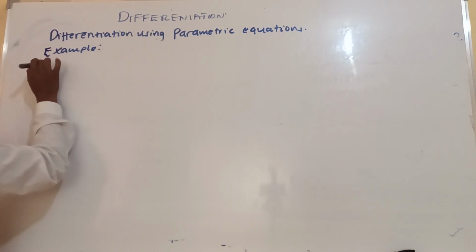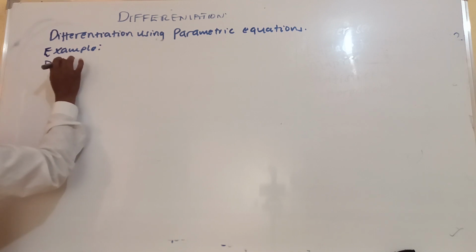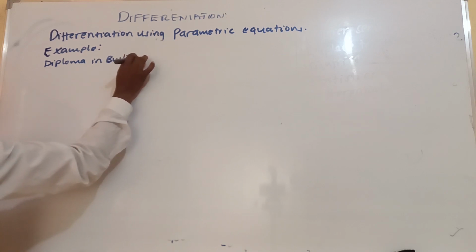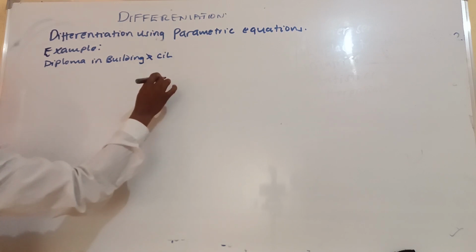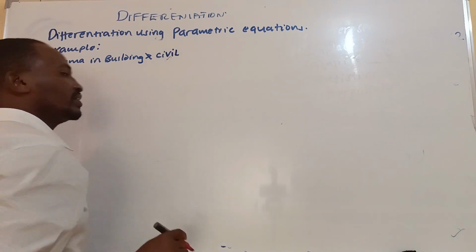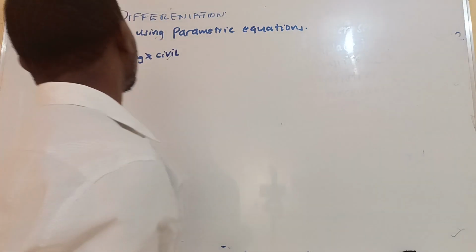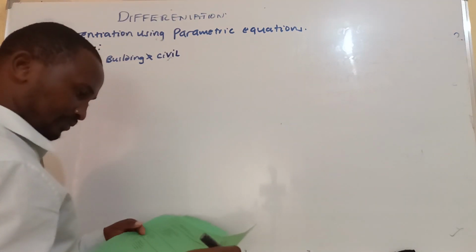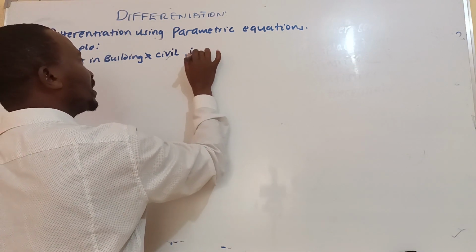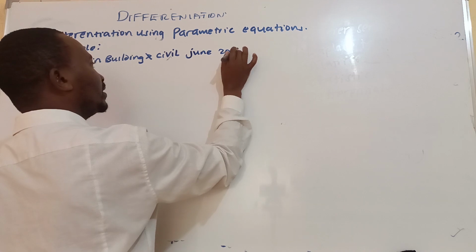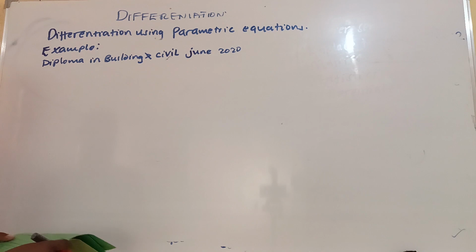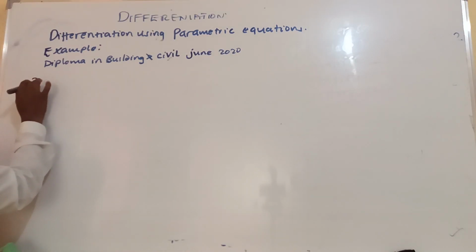Example: we have this Diploma in Building and Civil, June July 2020. We had used this past paper in the previous video. It was question 3.